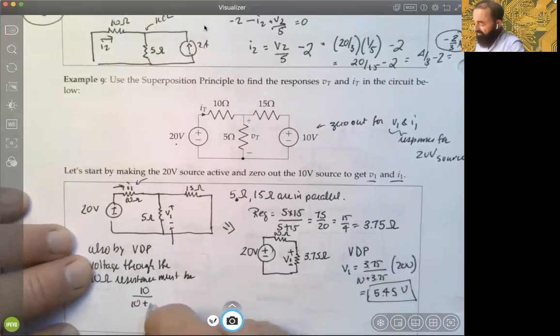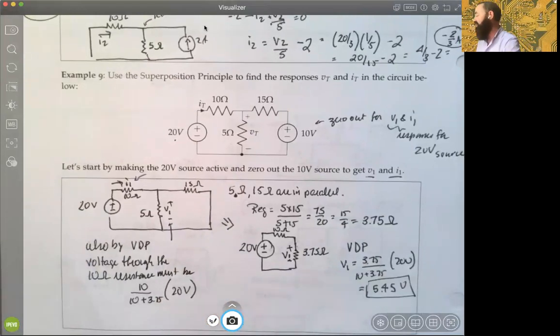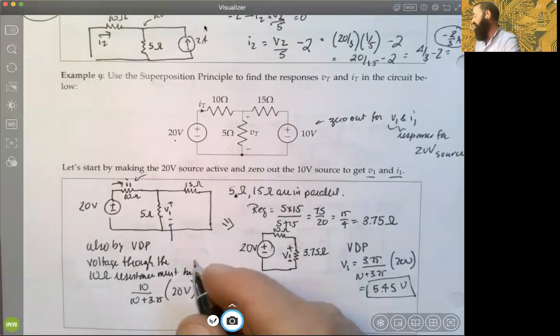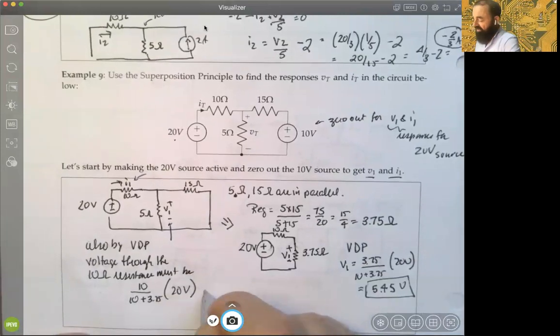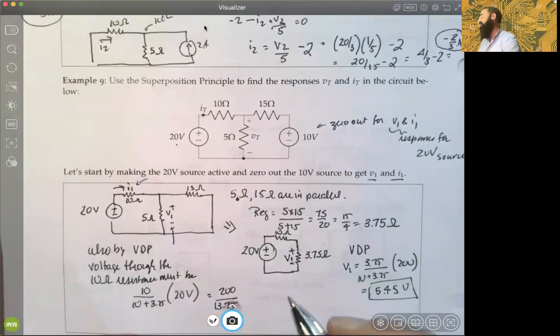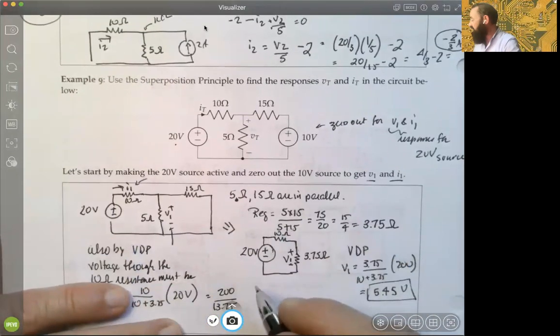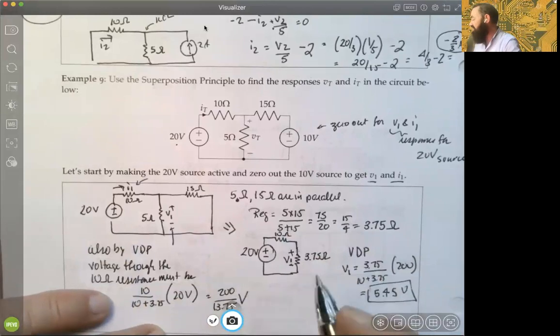Same denominator, right? So we're just using VDP again. That's the proportion of the 20 volts from the source. And if we simplify that one out, clearly that's going to give us 200 over 13.75. And what we'll have here is this in volts, right?